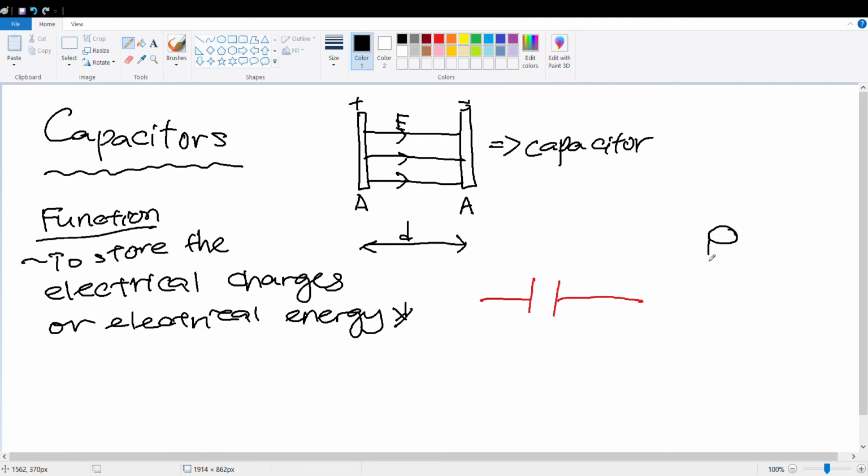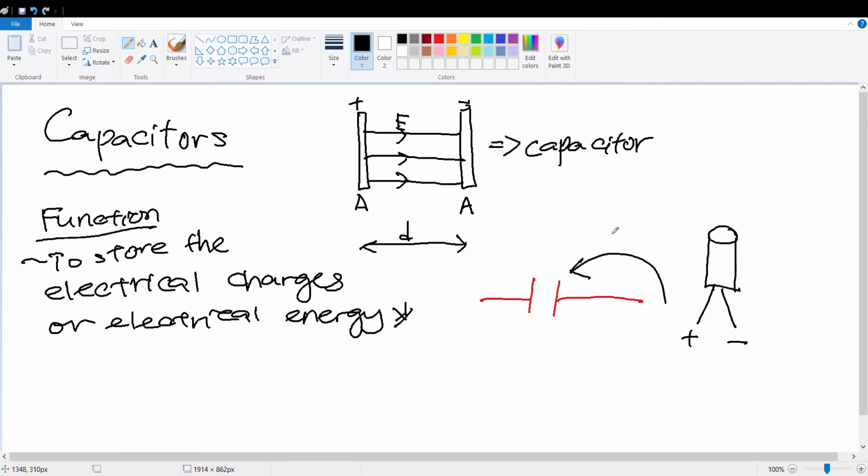I roughly draw it. This should be a cylindrical shape, and this cylindrical shape contains two legs. These two legs indicate the positive plate and negative plate. If we simplify it in two dimensions, this is the symbol for the capacitor.